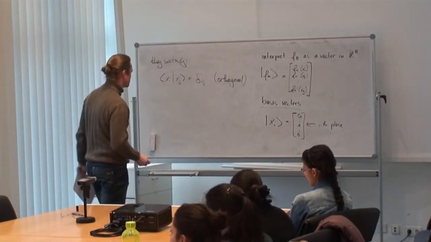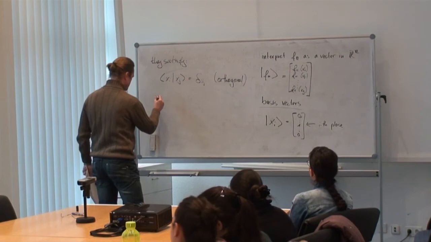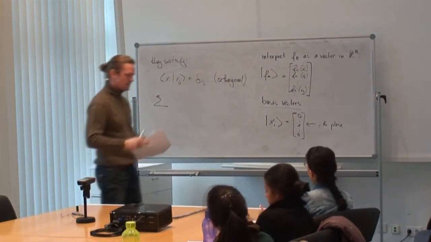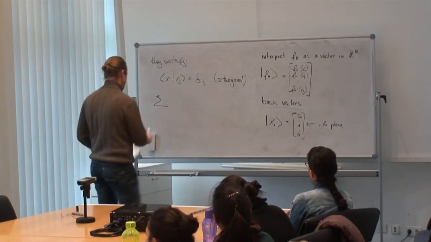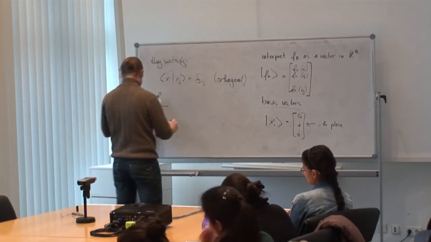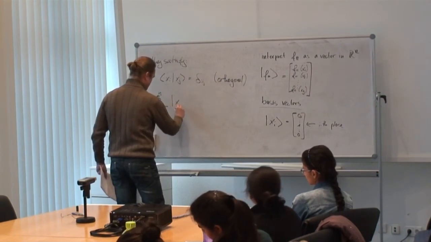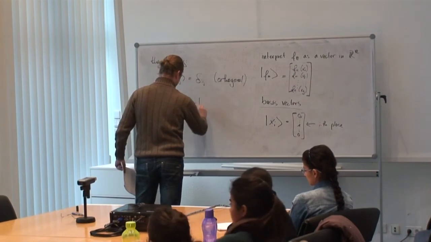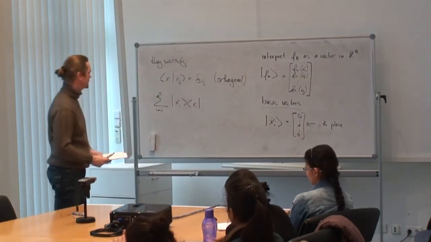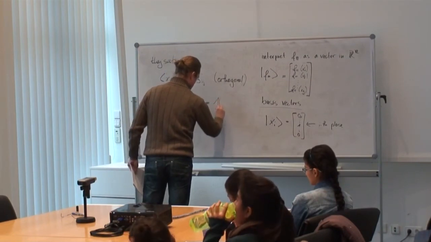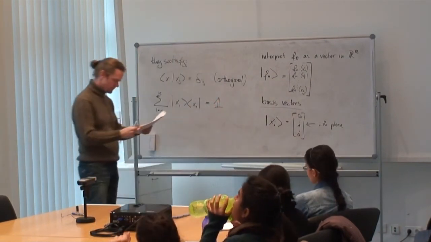And the second thing, which we discussed earlier and which is of much more importance from the mathematical point of view, is that the sum where i ranges from 1 up to n of the outer products of xi with itself is supposed to produce the identity operator.